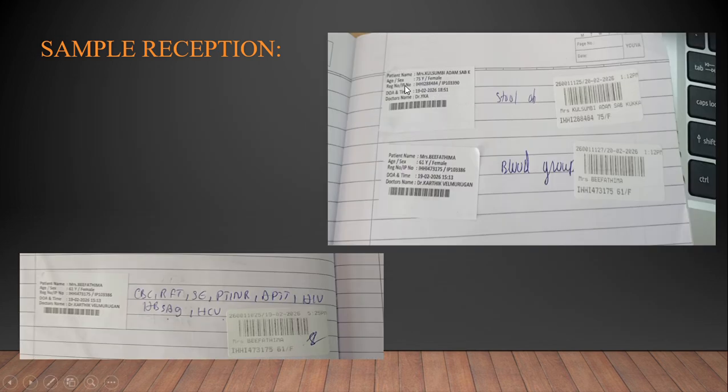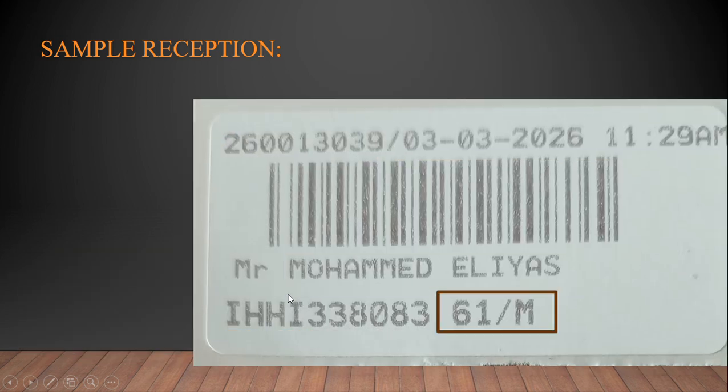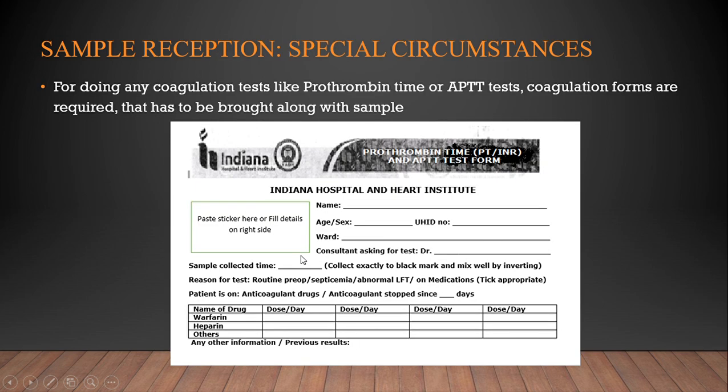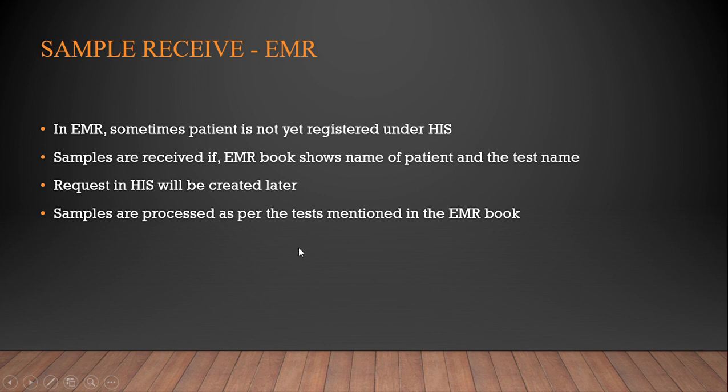Here, instead of this sticker, they would have written the patient name, UHID number and all, and they would have mentioned what the test is. So we cannot produce the barcode, but we acknowledge the sample, telling that we have received such an emergency sample, and with that only we will go ahead and do the test. This is to ensure that the delay in lab tests can be avoided.